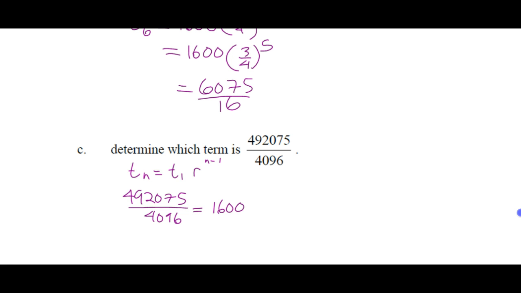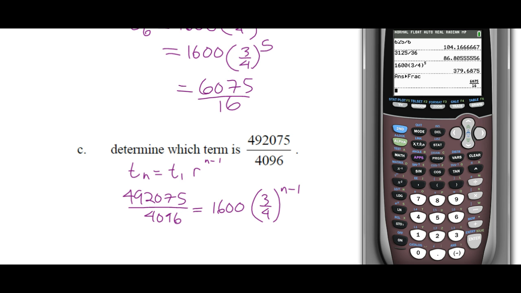That's equal to 1600 times 3/4 to the N minus 1. So what's the first step? Divide both sides by 1600, right? Got to get rid of that 1600 up front.